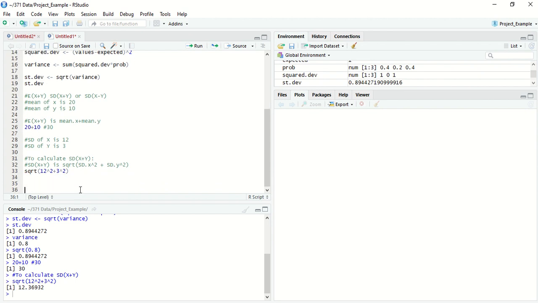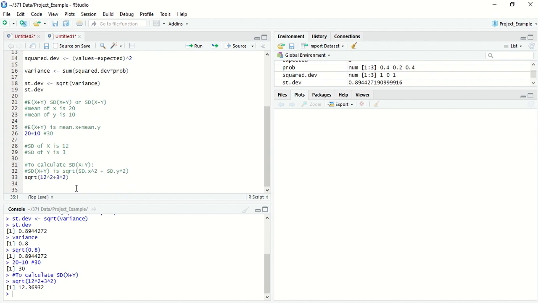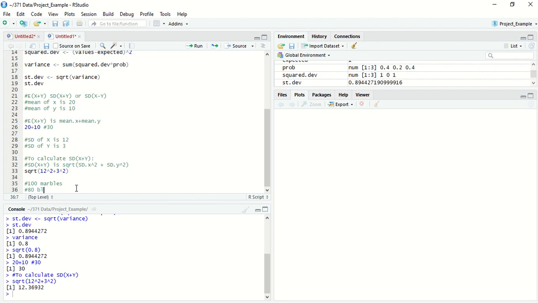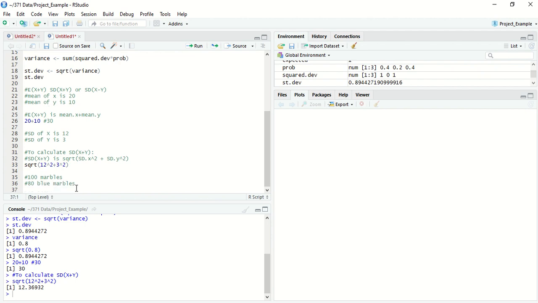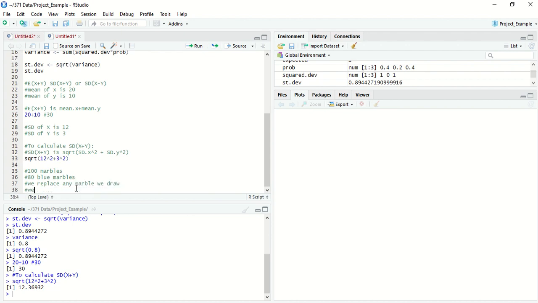I would like to leave you with an example or a word problem in which you would use this information. I'll set it up first. 100 marbles, 80 blue marbles, the rest are not blue. We replace any marble we draw. We're drawing 15 marbles.